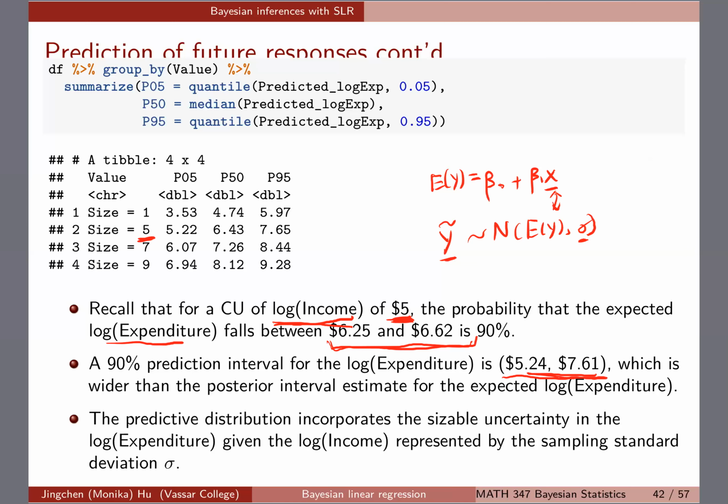So this, again, reinforces the idea that we are introducing one layer of variability, and that's actually embedded in the model. The predictive distribution incorporates this uncertainty in the log expenditure represented by the standard deviation sigma.